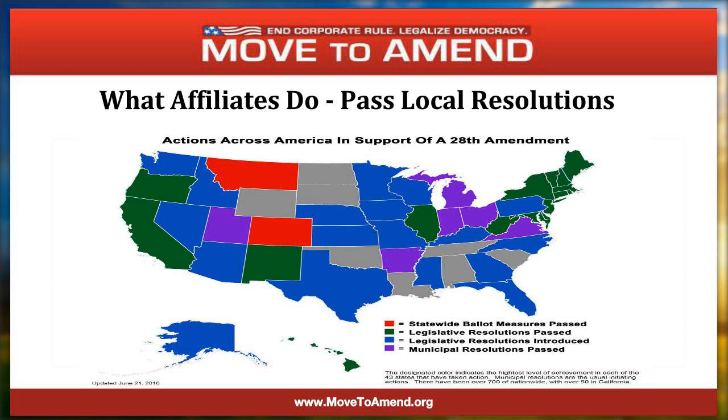And we're hoping to, of course, continue to grow that, and none of these efforts would have been possible had we not had local affiliate groups on the ground doing the organizing work.